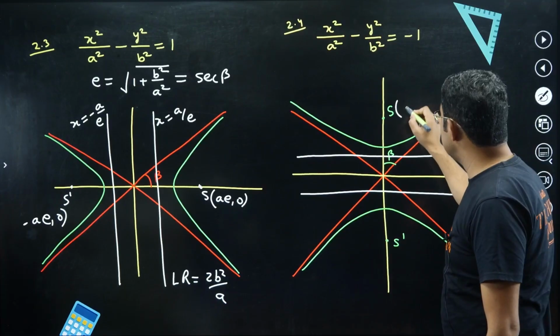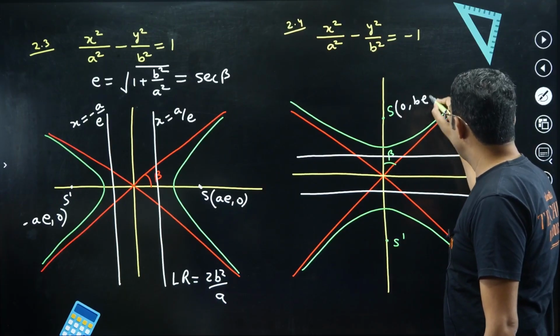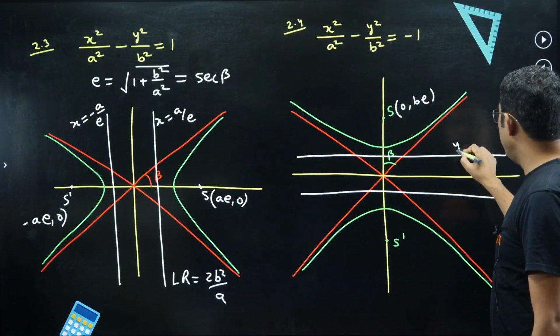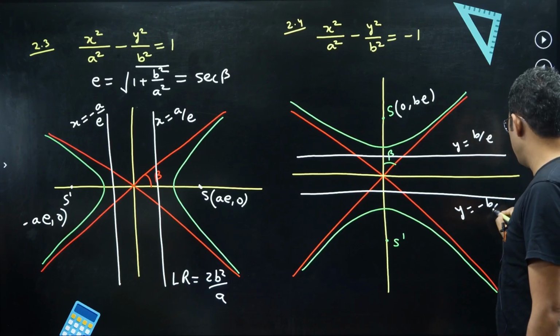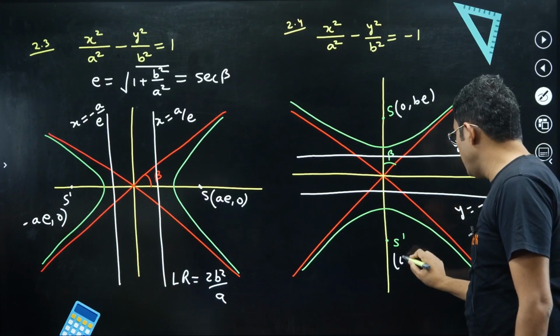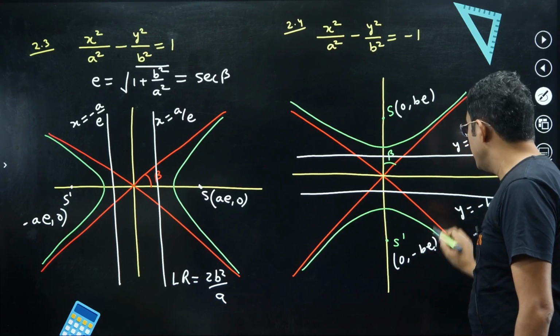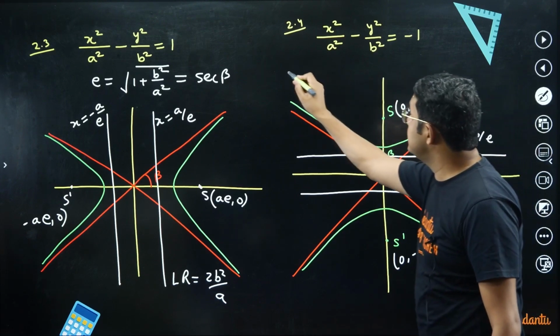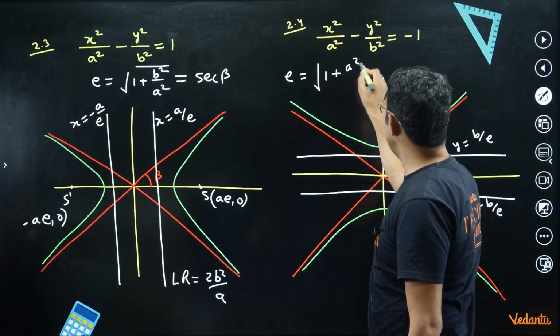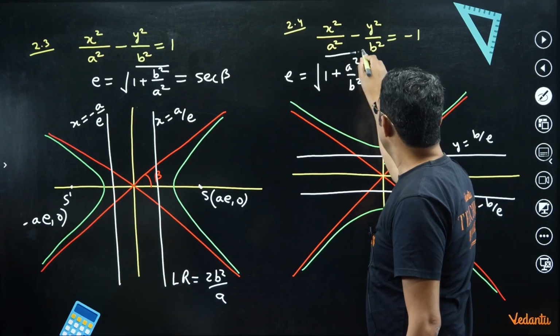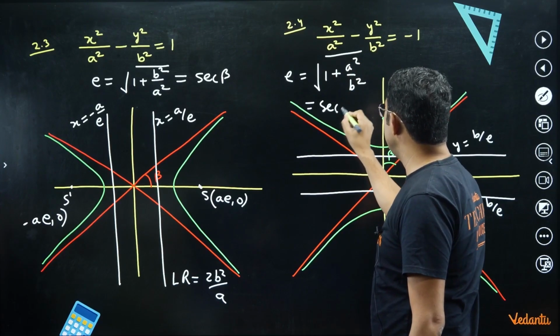In this case, your focus is 0 comma be. Your directrix is y is equal to b upon e. The other directrix is minus b upon e. The other focus is 0 comma minus be. In this case, the eccentricity would be root over 1 plus a square upon b square, and that will also be equal to secant beta.